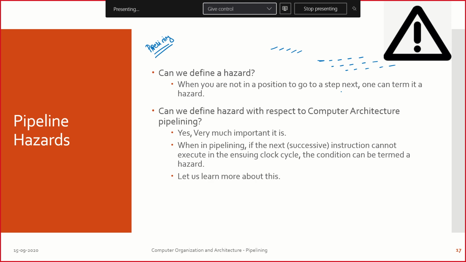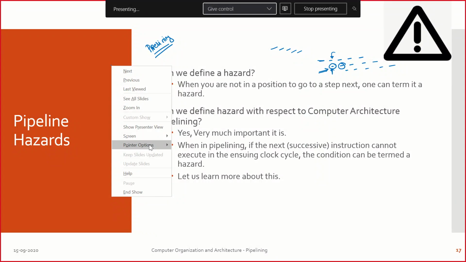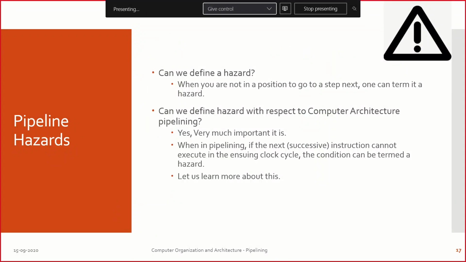Now, if this cannot be started while this is being done, for some reason, I could call it a hazard. Anything which prevents you from moving to the next stage is called a hazard. Do you understand that? A hazard is something that stops your progress.